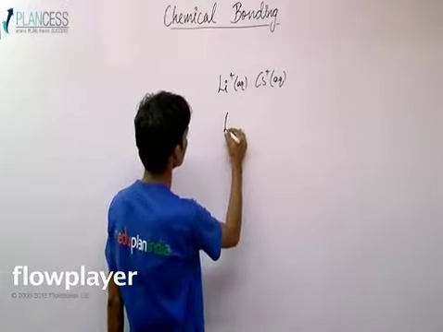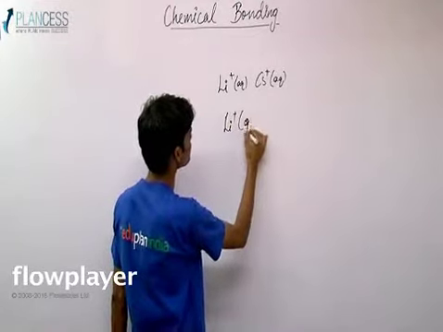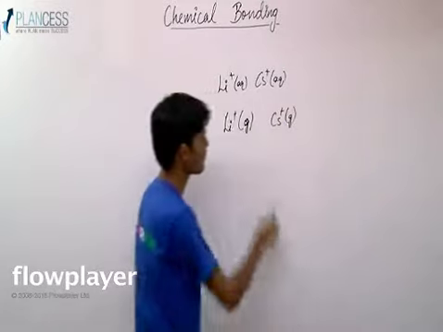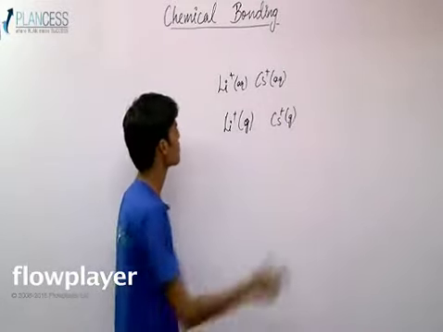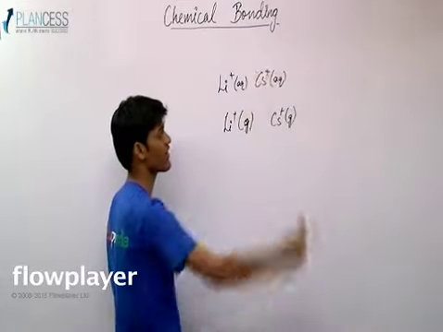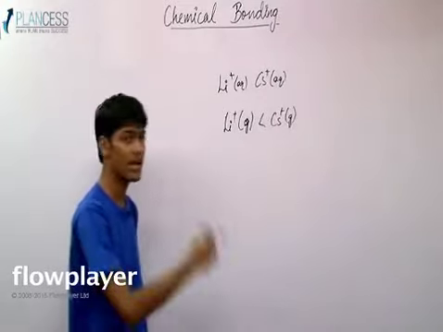If I take Li+ and Cs+ in the gaseous form and compare the radius, we know that going down the group the size of the cation increases, so the radius of Cs+ would definitely be greater than Li+.